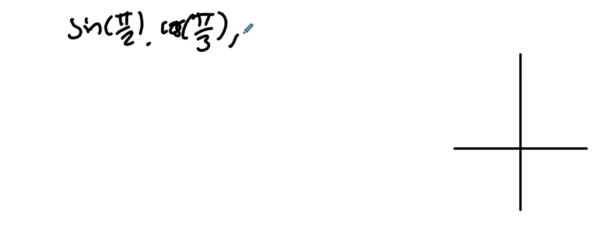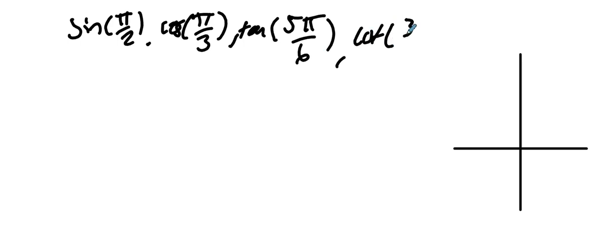But here's another thing. Let's calculate these: sine of pi over 2, cosine of pi over 3, tangent of 5 pi over 6, and cotangent of 3 pi over 4.